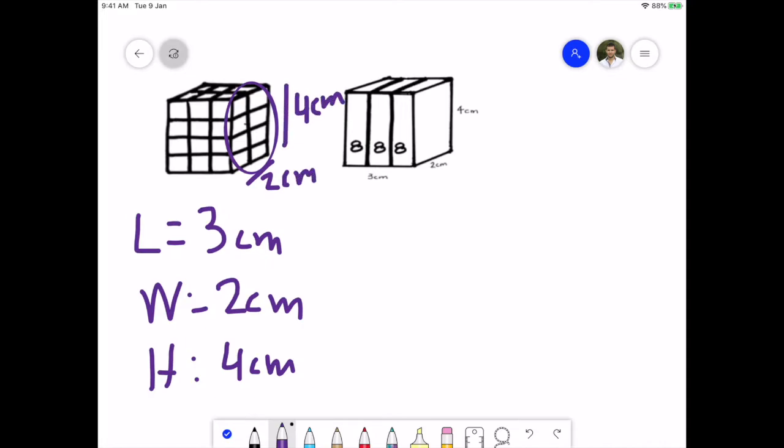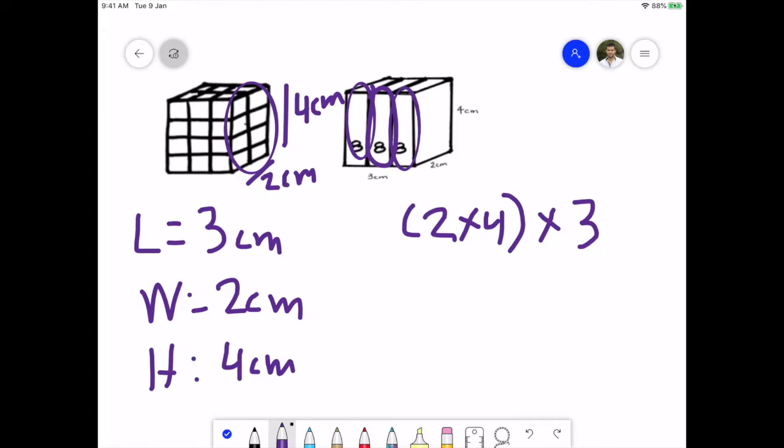So this layer is 2 times 4, which gives me 8, and it's repeated 3 times, as you can see. 1 time, 2 times, 3 times. So let's see if the volume remains the same. 2 times 4 will be 8, and this 8 is repeated 3 times. So again, it will be 24 cubic centimeters.